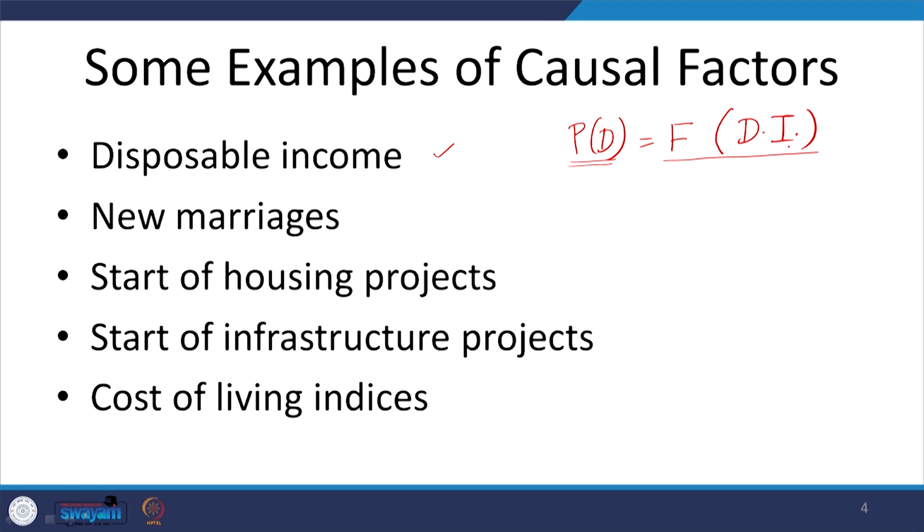Similarly, there can be some more examples like new marriages. How many new marriages are going to happen in the coming winter season, and depending upon that estimate I can think that this much demand of gold will be there in the market, because marriages are affecting the demand of gold.